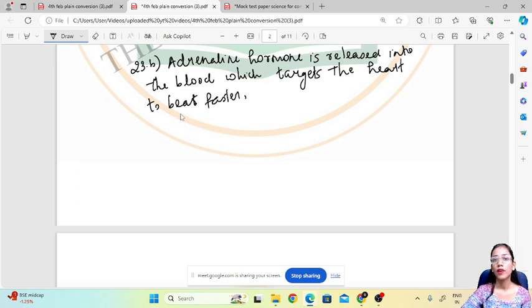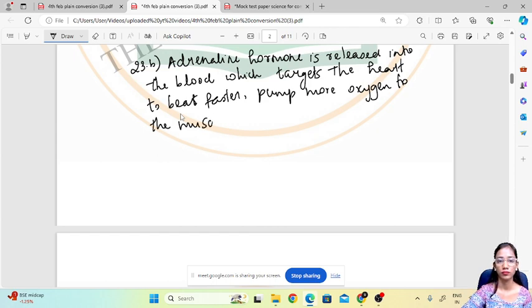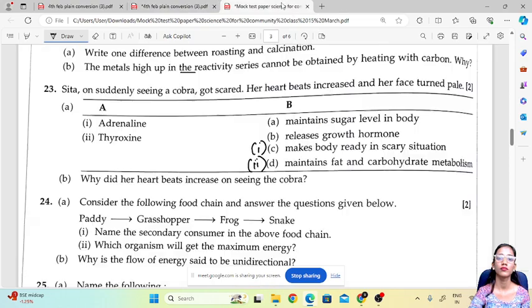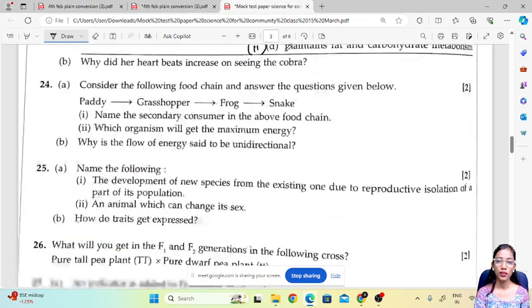Okay, why? Because to pump more oxygen to the muscle cells to provide energy. Okay, so this is the reason.